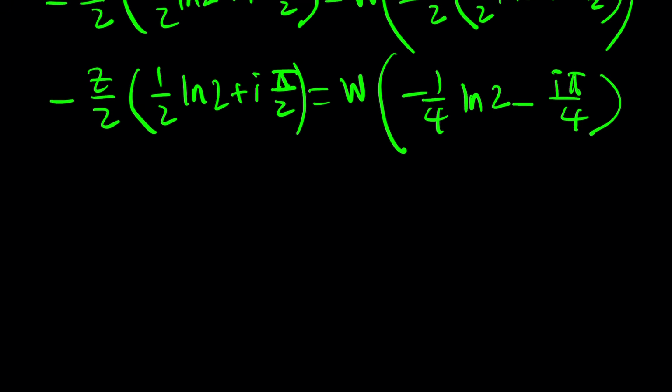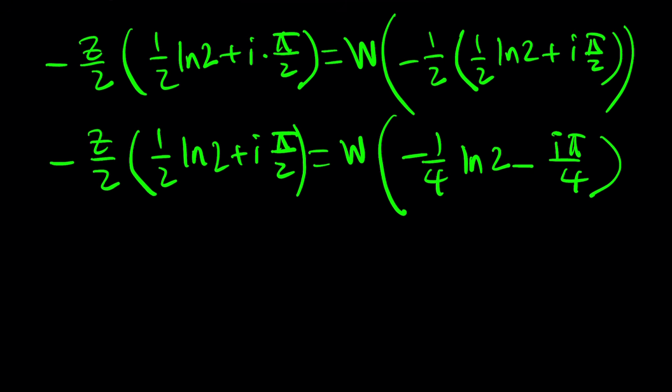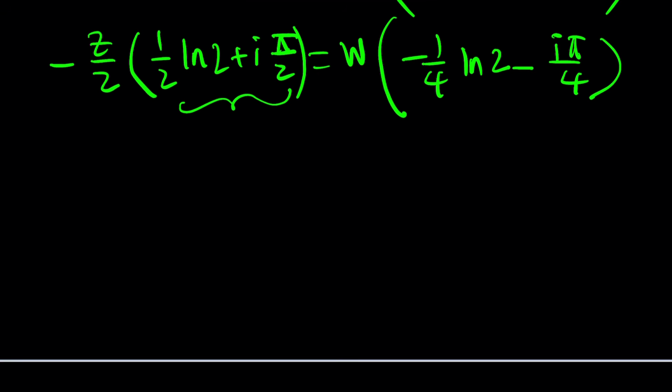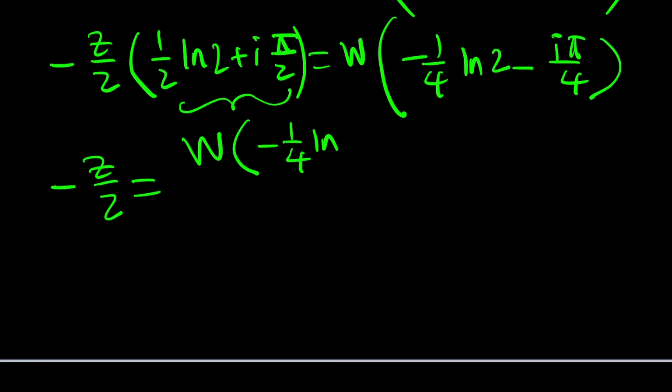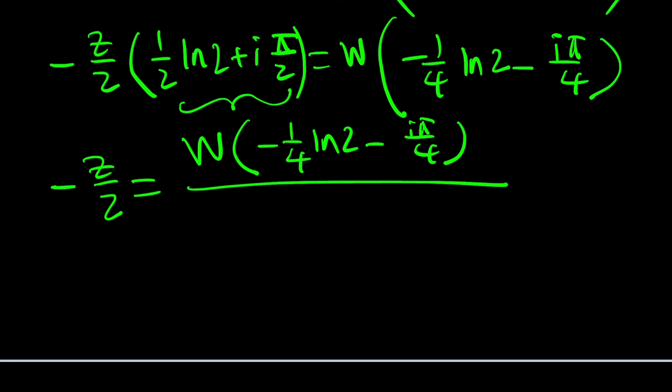Now, what are we going to do? We need to solve for z, remember? No matter how ugly that is. We're going to go ahead and divide both sides by that. And then we'll do the negative 2. So let's go ahead and do it in two pieces again. I'm going to divide both sides by that first. So it's going to be W of negative 1/4 ln 2 minus i pi over 4 divided by 1/2 ln 2 plus i pi over 2.